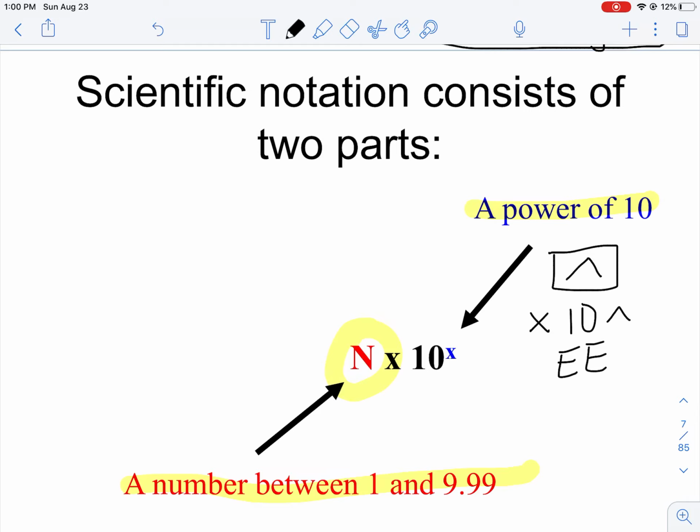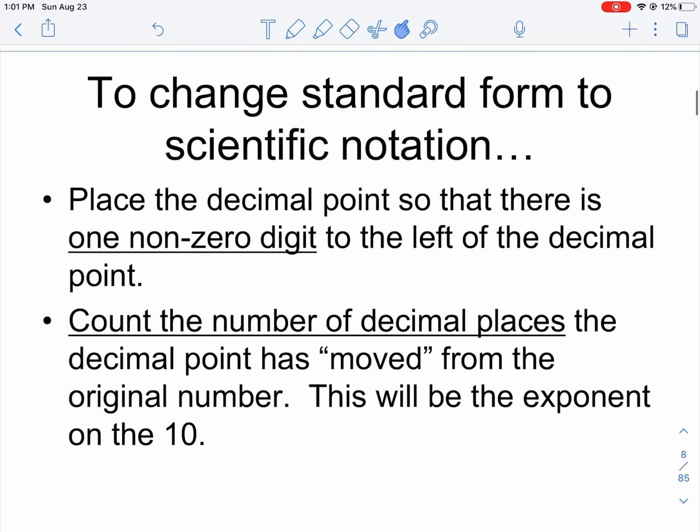You don't have to type that in. So all you have to do is type in your coefficient and then the EE and then whatever your exponent is. Okay? So there's a couple ways to plug this into your calculator. Just be comfortable with your calculator. So again, if you need any help on that, please reach out to me.